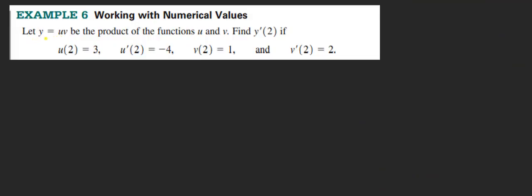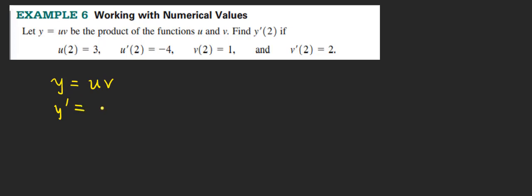Now, they're saying that let y equals uv be the product of functions u and v, and they want us to find y prime of 2 by given information. So in order to find y prime of 2, first, we know that y is u times v. So what is y prime?